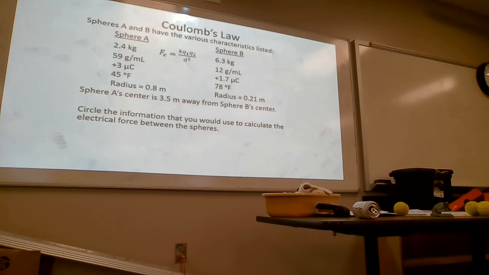So what I want you to do is pull from this information the variables or measurements that you care about to find the electric force. Don't actually calculate it.